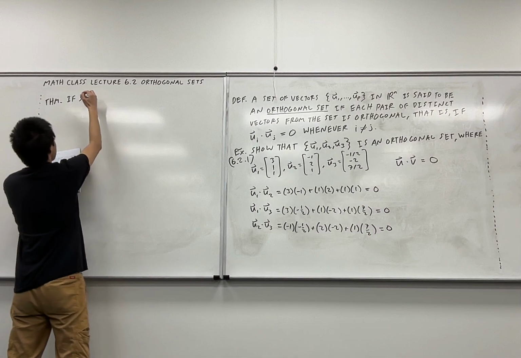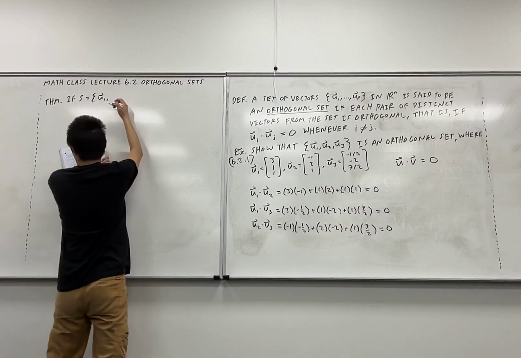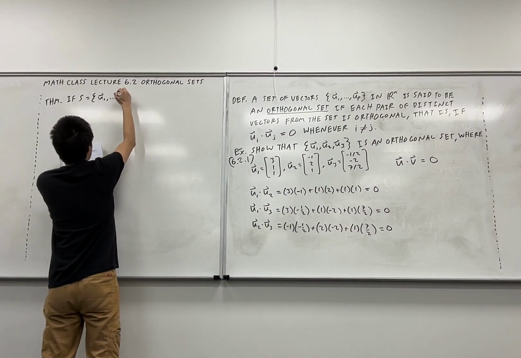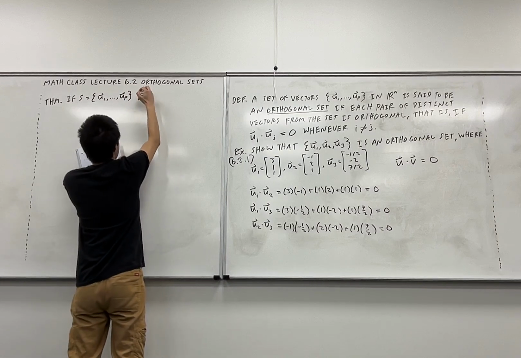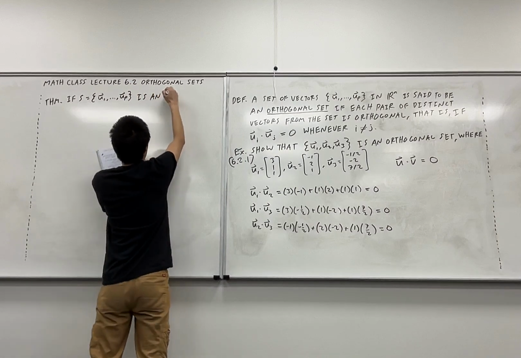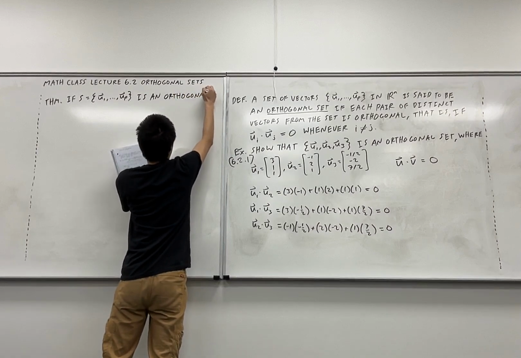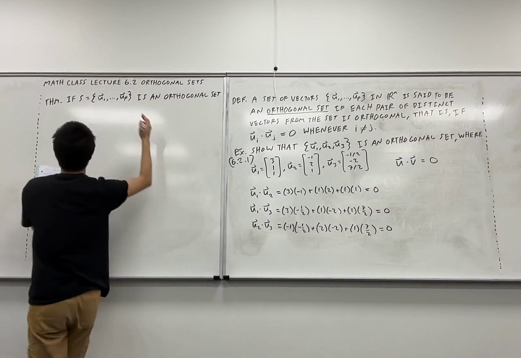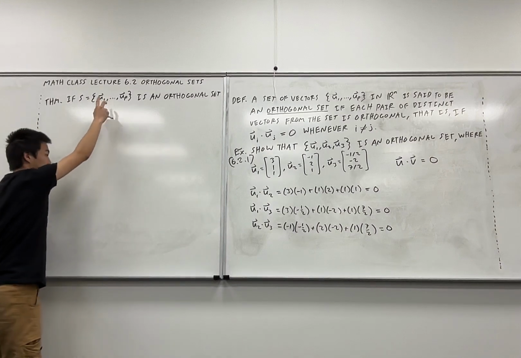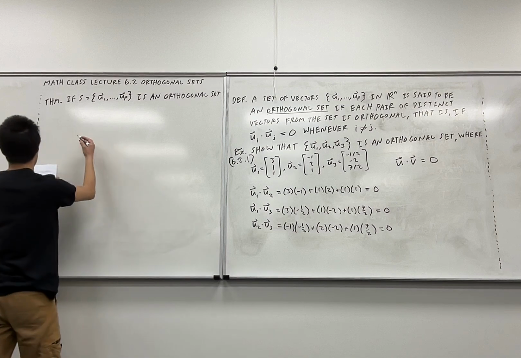Okay, so if S is equal to the set U1, and then again some list of vectors, so P vectors, if this is an orthogonal set, so we're coming out the gate and just saying that whatever set this is, it's going to have the property demonstrated over here. We're just declaring that from the get-go.